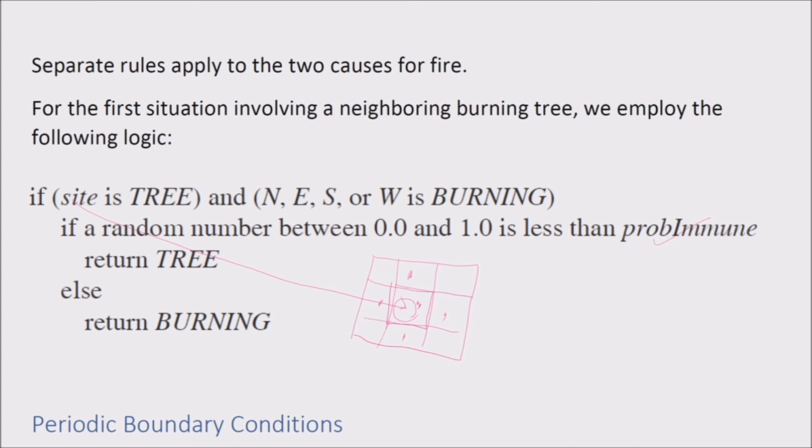It will be safe even if you have surrounding fire. So in this case, this will remain as number 1 forever, as long as the random number is less than the immune probability. Otherwise, obviously, you have to change this to 2. That's the condition we apply for those rules when we're simulating this.